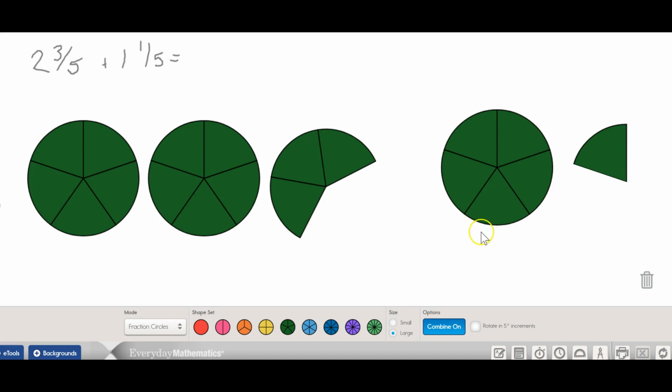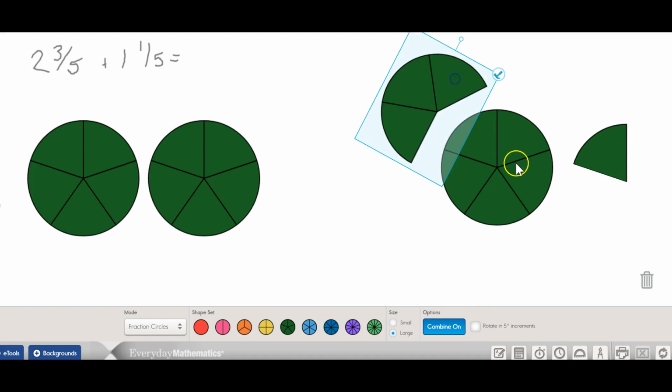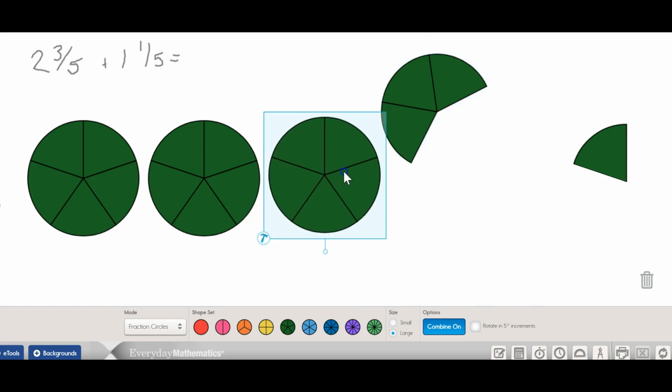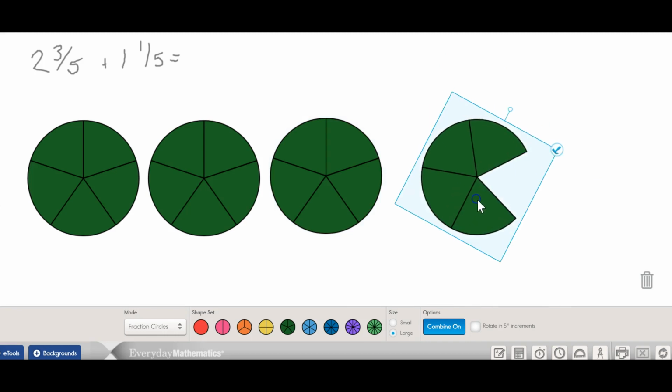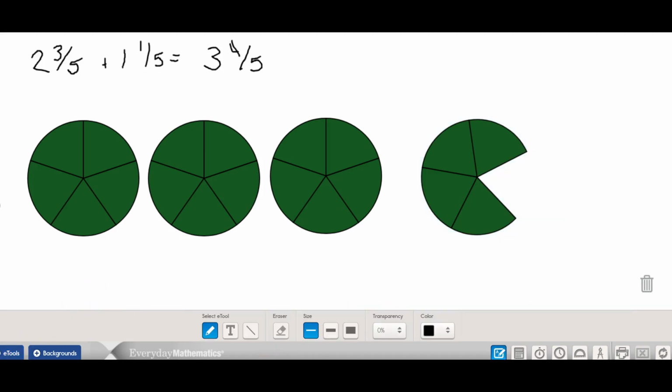What would my total be? Let's see. I have 3 wholes and 4/5. I have 3 4/5 tubs of jelly. I could also have added my unit fractions to see how many fifths in total.